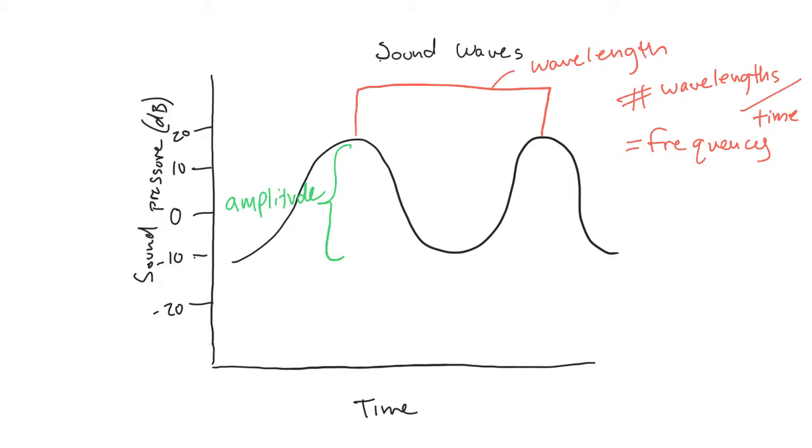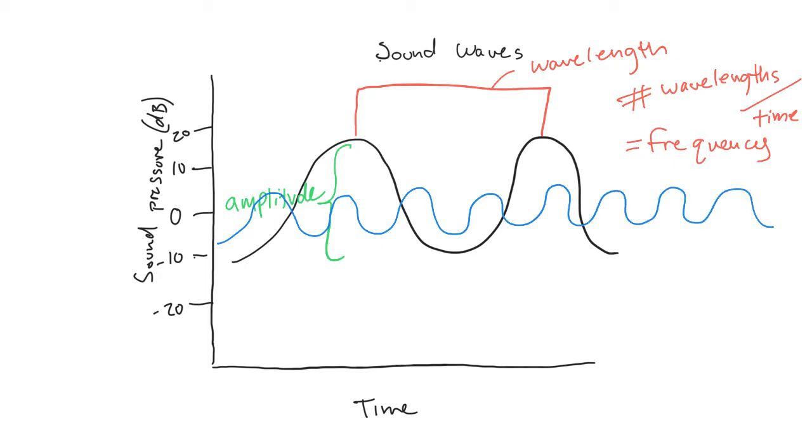Okay, so if I drew another sound wave here, okay, this one would have a higher frequency because its wavelength is shorter in the same time period, so it'll go through 2.5 waves in the same time period, where the other one does one wave, okay?